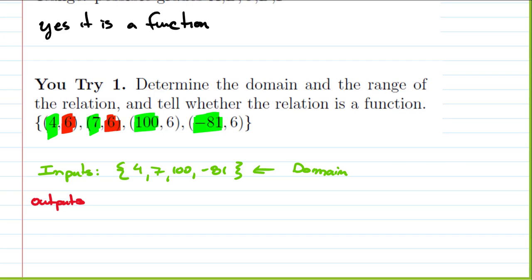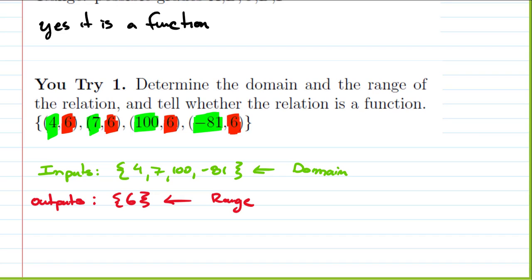We have 6, 6, 6, and 6. So our output is just going to be 6, and that's going to be our range. So for this rule, we're told that every number that's in the domain, so all of our inputs, 4, 7, 100, and negative 81, all go to 6, so they all have the same output.